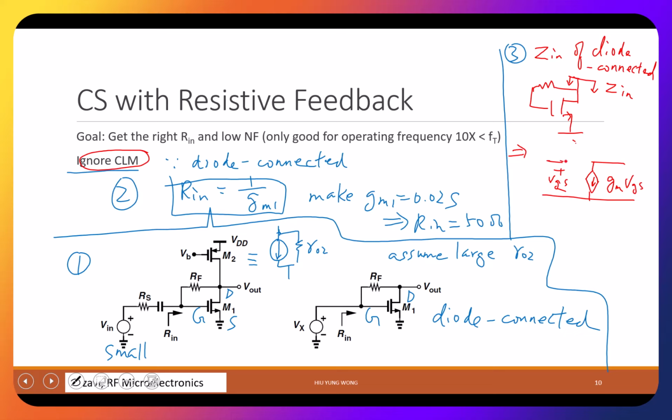The gate is connected to the drain through RF, right? And what I'm looking at is this point. This is Zin, and this is grounded. So I need to solve the KCL and KVL for this one, Vx and Ix. What is Ix?